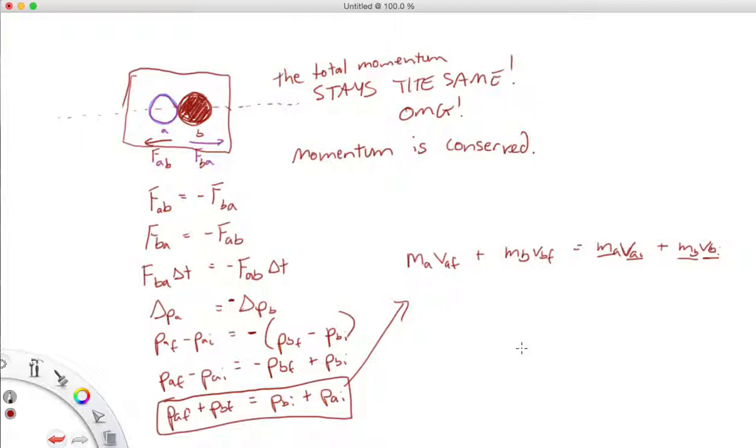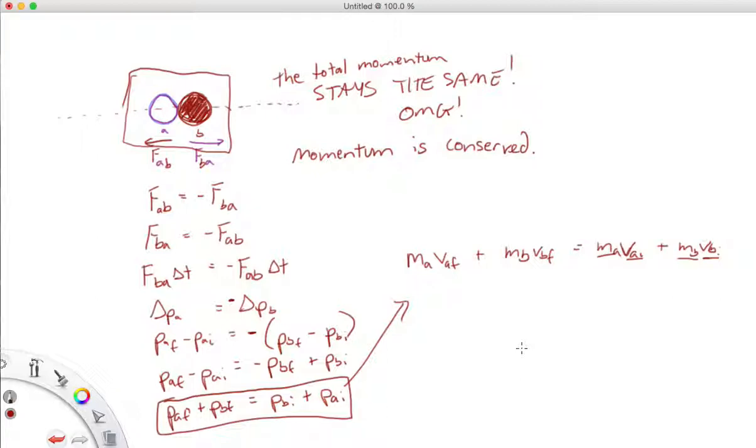Hold on a second. What is the final? Did I miss something here? I think I might have missed something here. Hold on a sec.